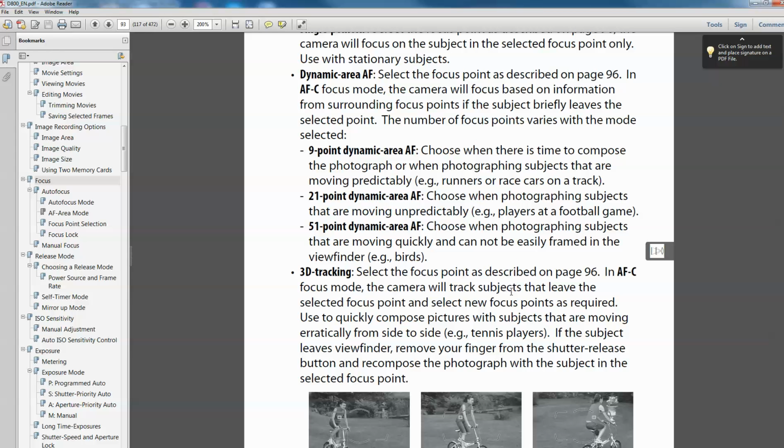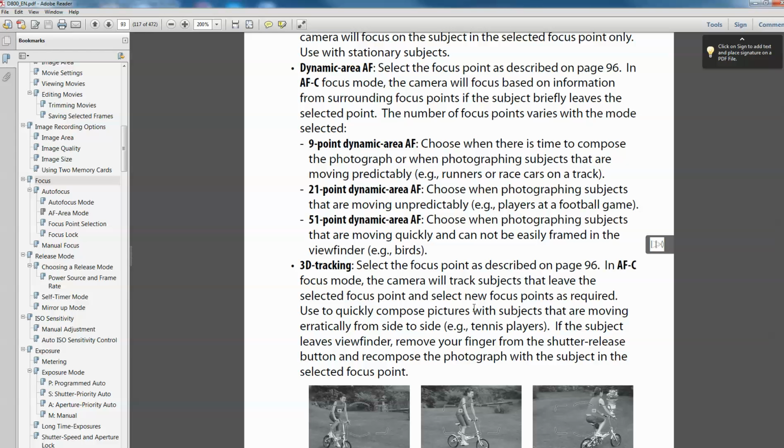The 3D, which I never use, but you should try too, is for when the subject is very erratic. And actually here finally they show a visual of these things, and I wish they showed a visual for each one. Basically what happens when you use the 3D is that you focus here, and as the person moves, the point moves automatically.